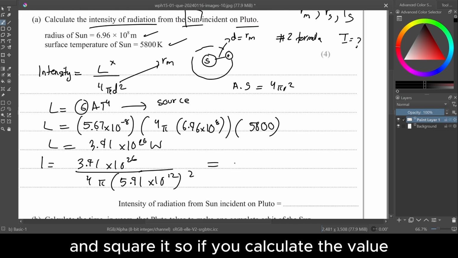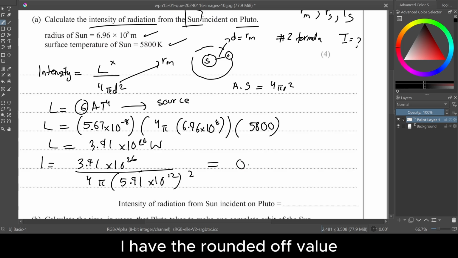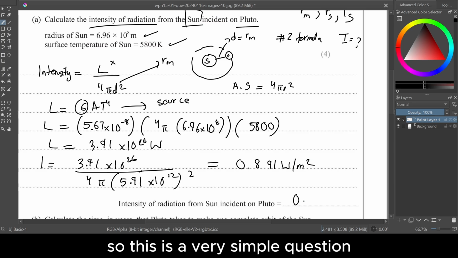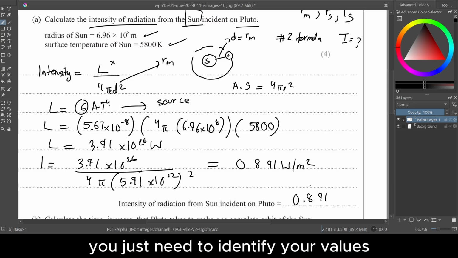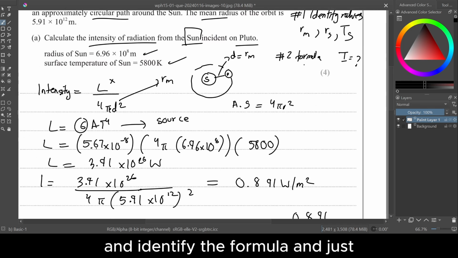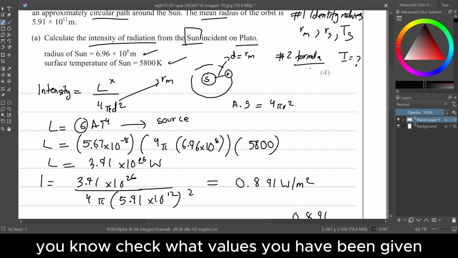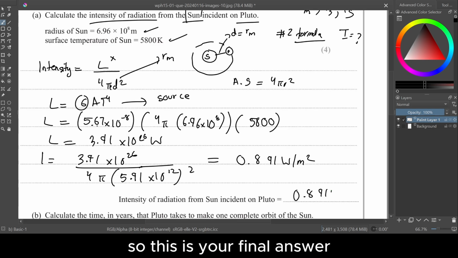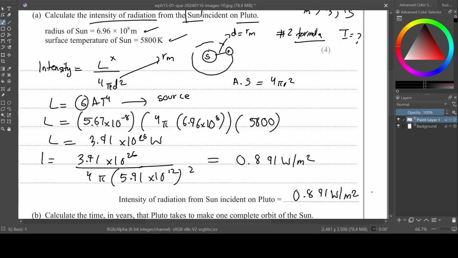If you calculate the value, the rounded off value is 0.891 watt per meter square. So this is a very simple question. You just need to identify your values and the formula, check what values you have been given and what you are not given, and get your answer. So this is your final answer.